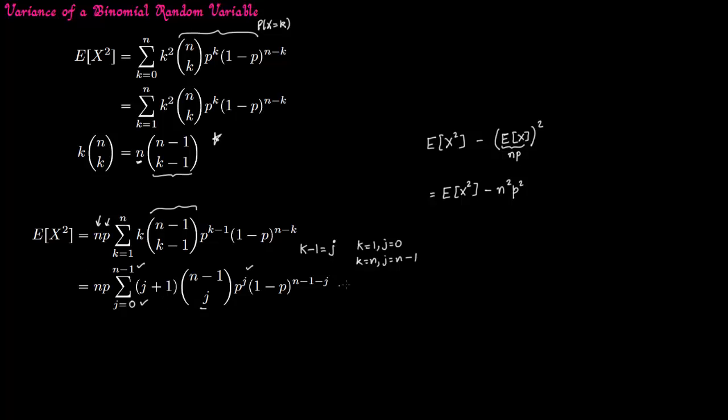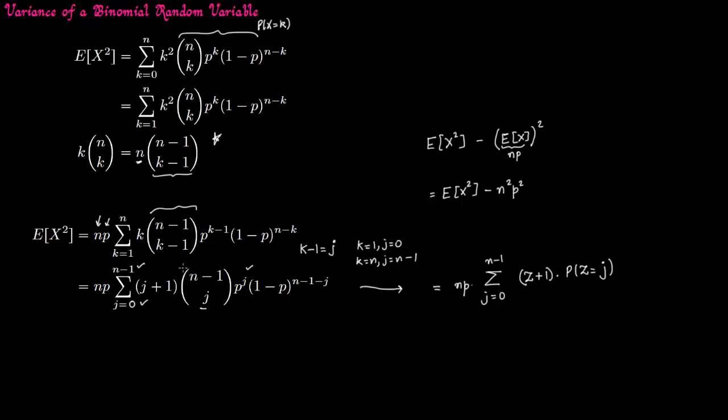Now this expression, you can think of this as equal to np times summation of j equals 0 to n minus 1 of z plus 1 times probability that z is equal to j, where z is some random variable.